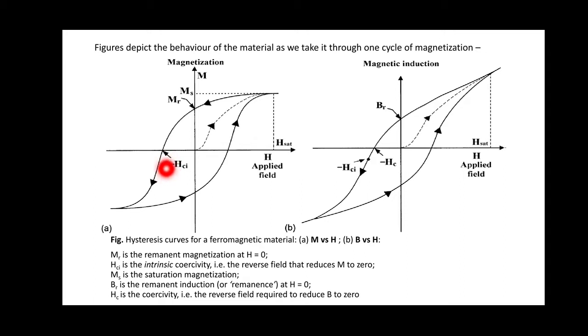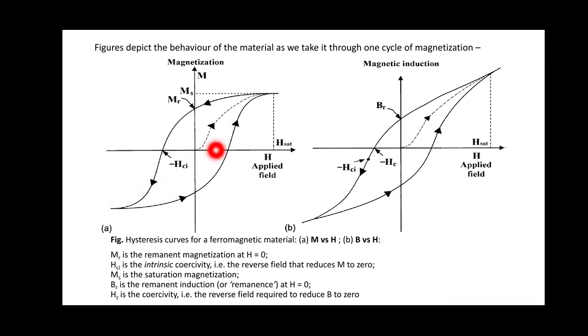And when we further increase the applied field in the negative direction, our material starts to magnetize in reverse, and the saturation point is reached.